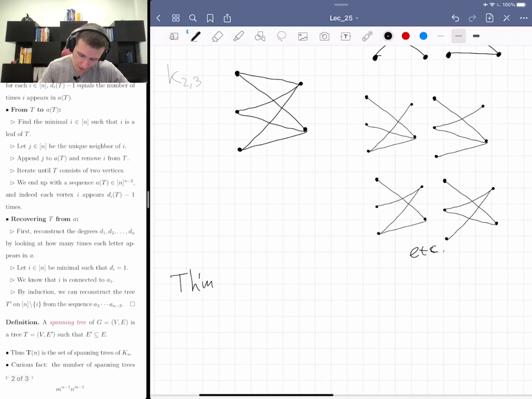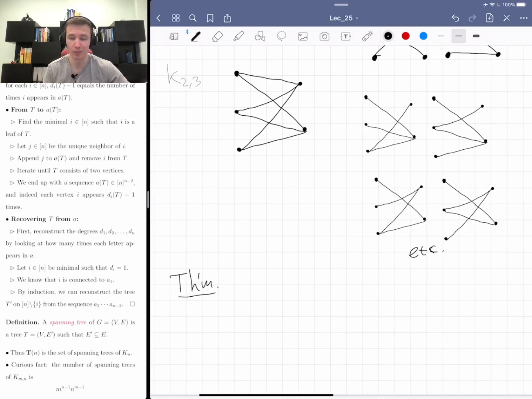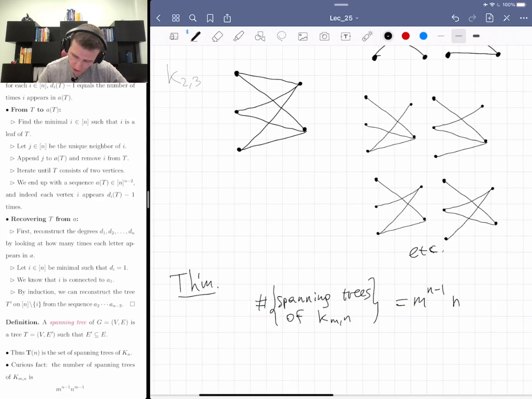So the theorem, which you will be later able to prove using the formula for arbitrary graphs, is that the number of spanning trees of K_{m,n} is equal to m^(n-1) times n^(m-1). So it is this nice symmetric expression.